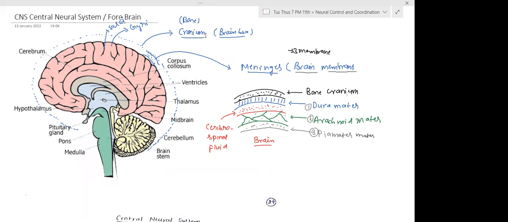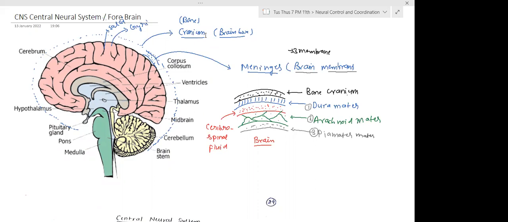Inside the cranium, there are multiple layers, right? These multiple layers are called meninges, the brain membrane. They further protect our brain.